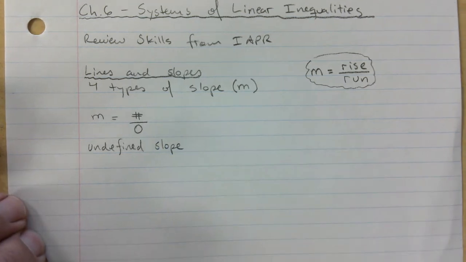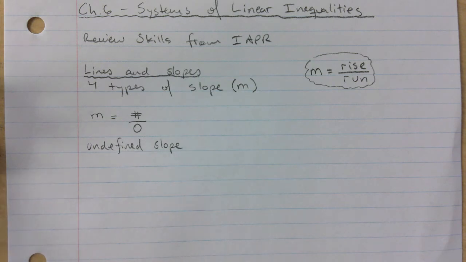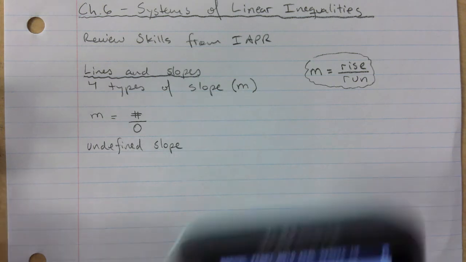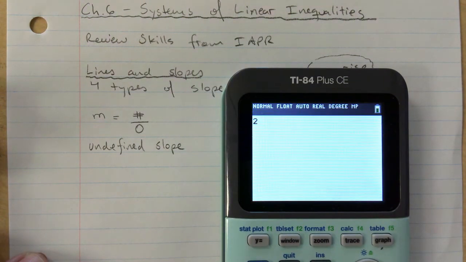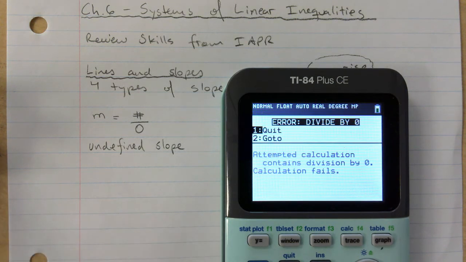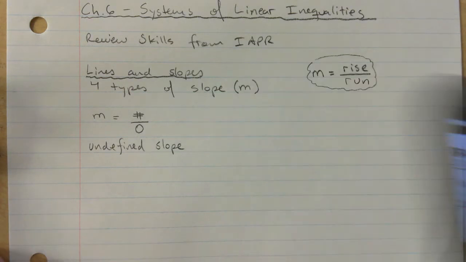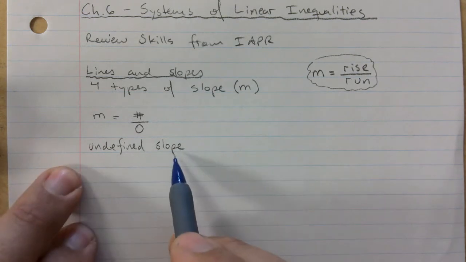Don't tell me that this is 0. Think of any number, so let's say 2 divided by 0. If you want to try to divide anything by 0, you can't, right? It's undefined. So it's not 0, it's undefined. Very, very important distinction to make. So we have your undefined slope.